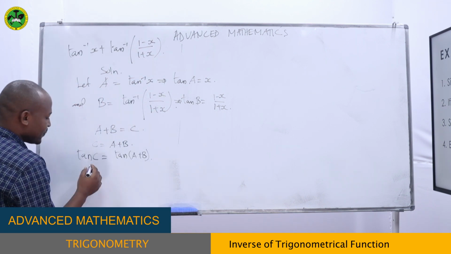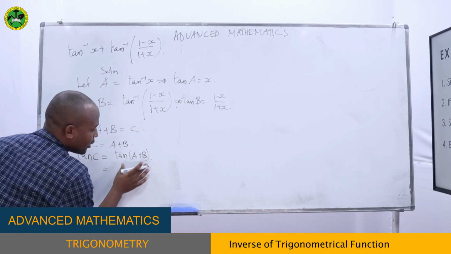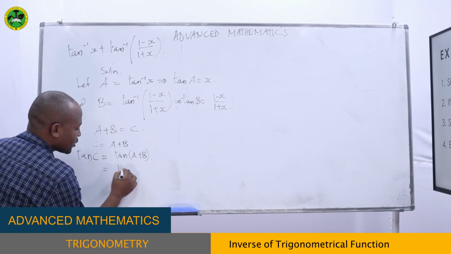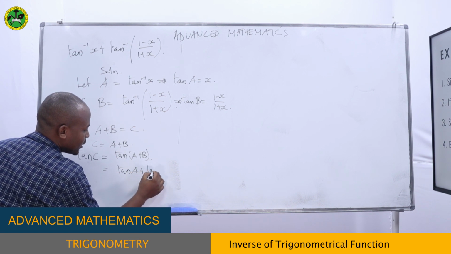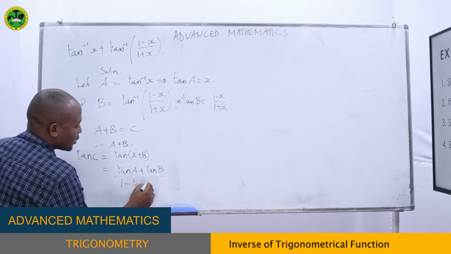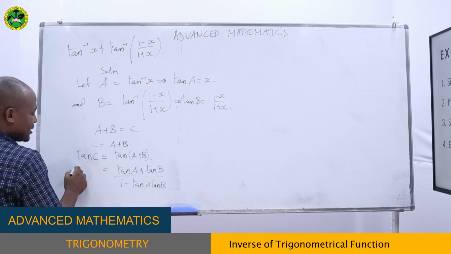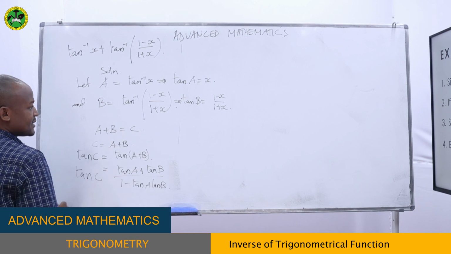So how will it be? Let's open this by the use of the addition formula. It will be tan C equals (tan A plus tan B) over (1 minus tan A tan B).